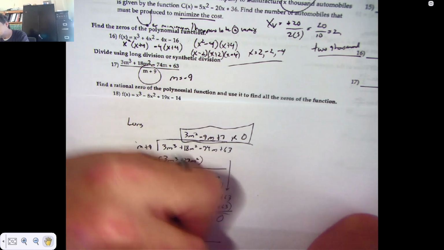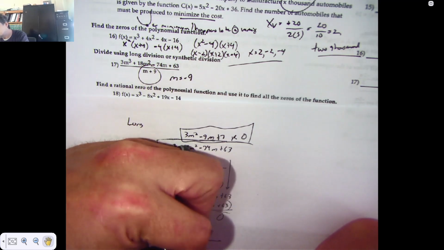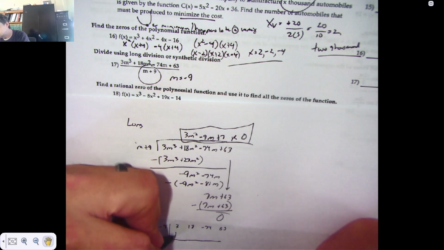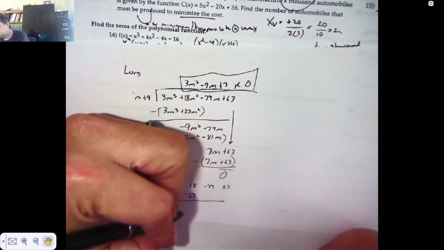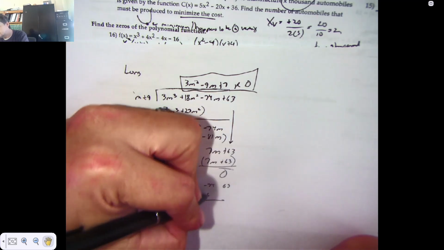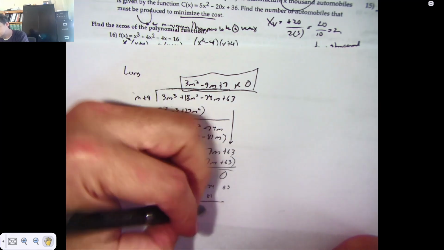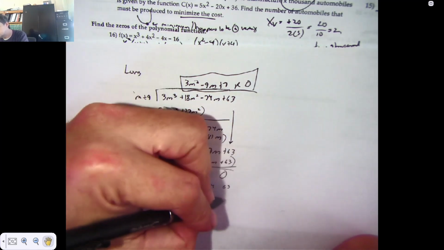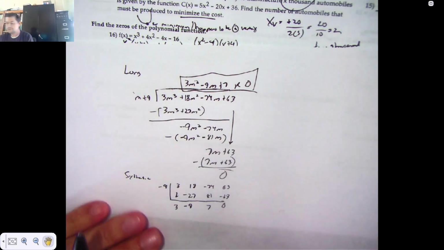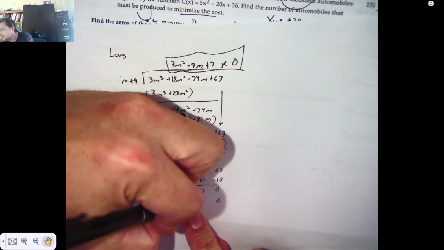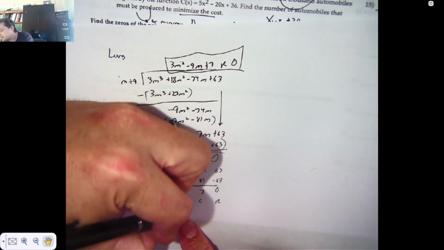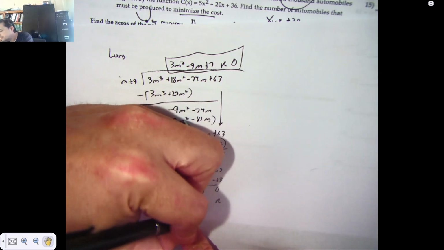I'm pretty sure I'm right because I got a 0. Anyways, we drop, we multiply, and we add. Hopefully you remember that this is the remainder, and the rest are the coefficients of the quotient. This is 3m squared minus 9m plus 7, with a remainder still of 0.